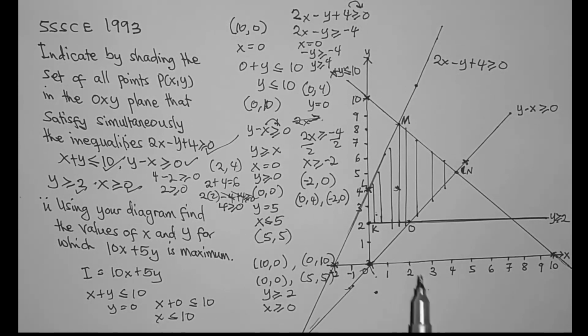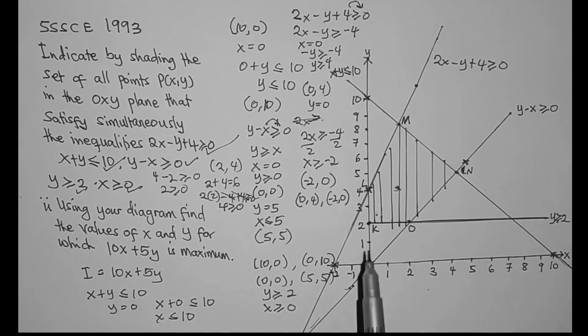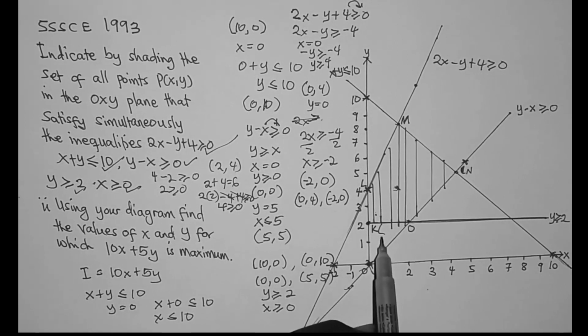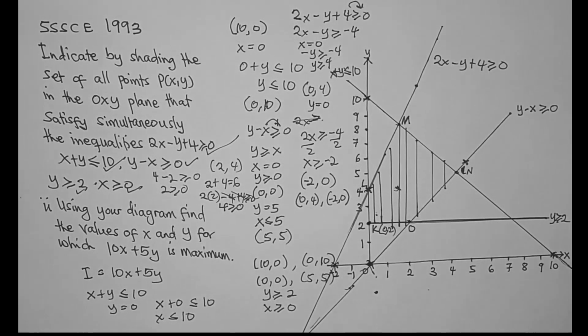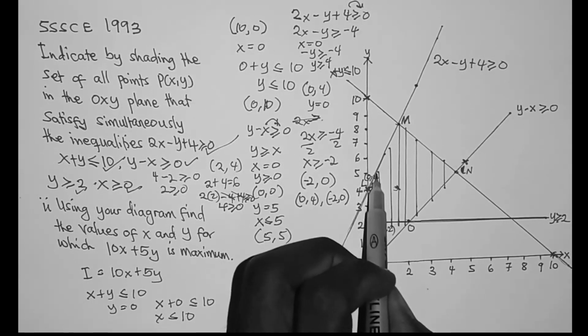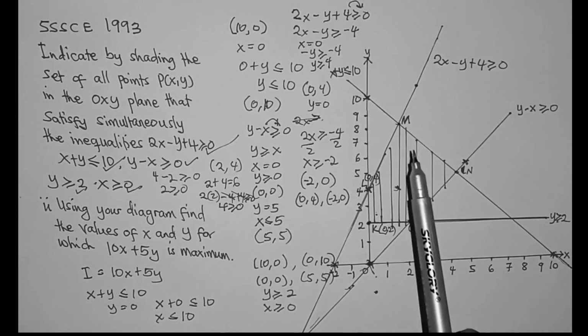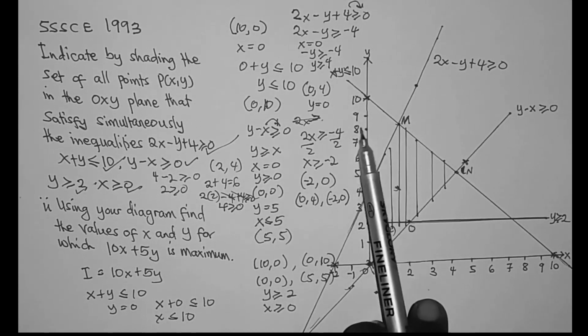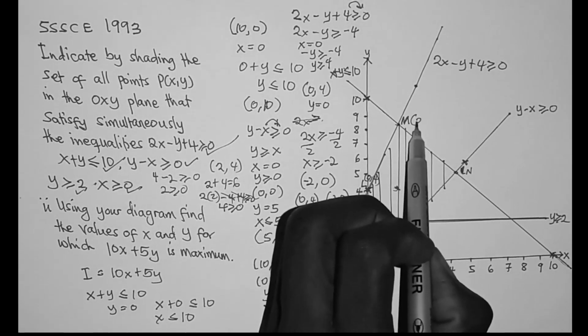So what is the point K? K is this point, and this point is 0, 2. And then L is this point, and this point is 0, 4. So L is 0, 4. Then M is this point, which is somewhere 2. You see that if we trace from 2, and then 8, so M is 2, 8.